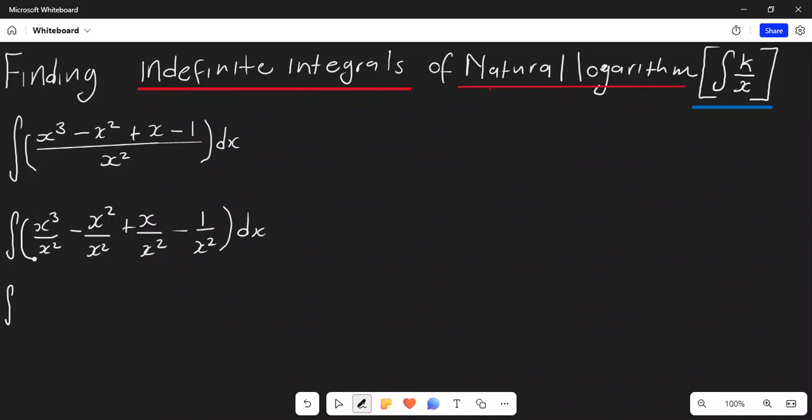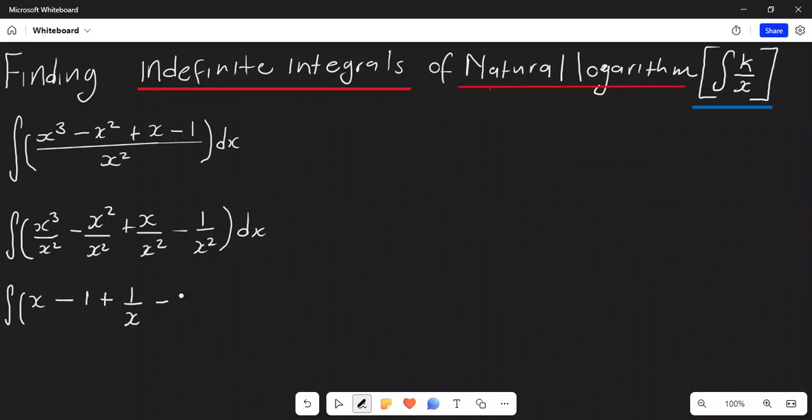Here we're going to be left with x to the power of 3 divided by x squared, which is x. Minus, this one we're going to be left with 1, because x squared divided by x squared is 1. Plus, here we're going to be left with 1 over x. This one, there's nothing we can do, we just write it as it is.